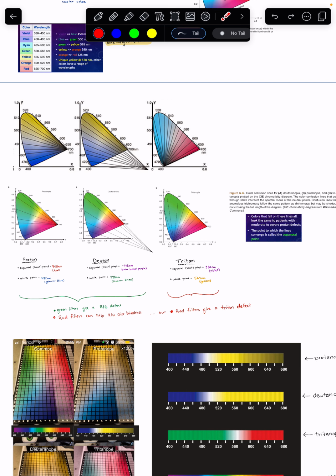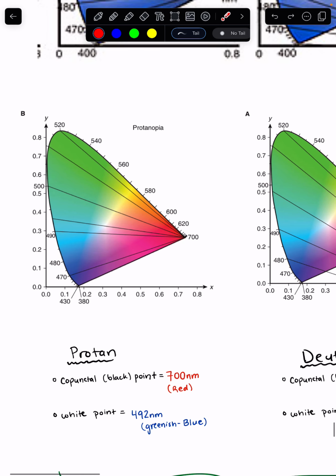So let's look at a protan, for example. All the colors on this line here look the same to a protan. And as I take all those lines and put them together and they converge on one point, we call this the copunctal point or the black point.